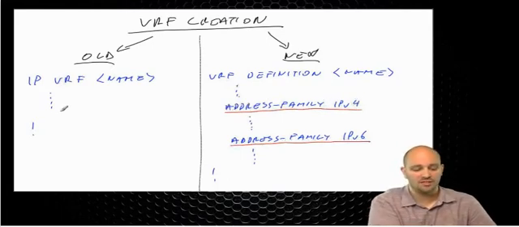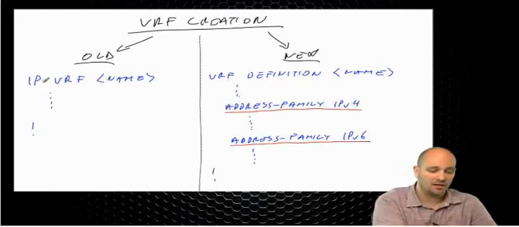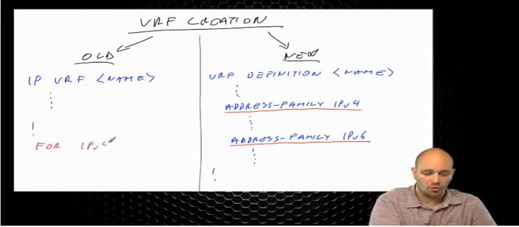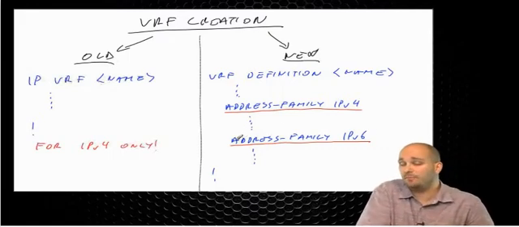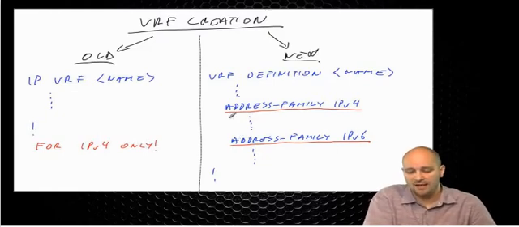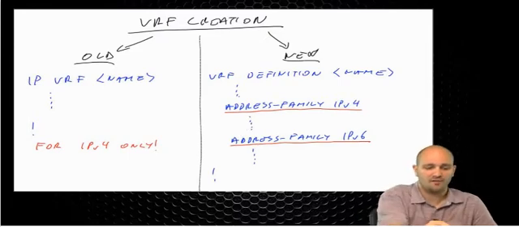If you are using the old syntax, this is for IPv4 only. I find it very unlikely that you will need to do this for IPv6, but if by some chance they ask you to, you have to use the new format for VRF creation.